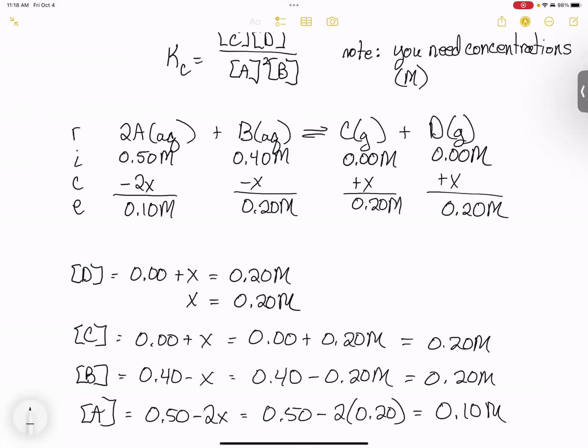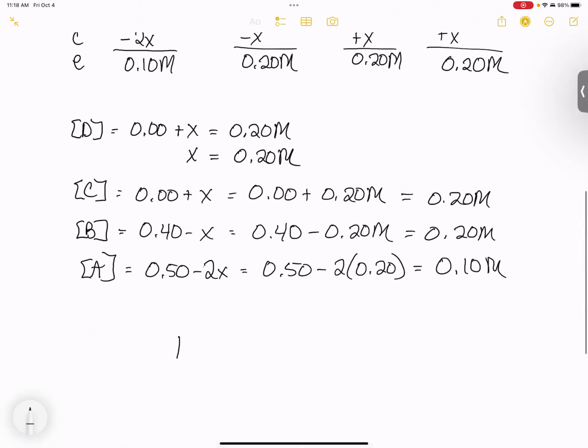Okay, so we have figured out our concentrations of A, B, and C at equilibrium, but we were also asked to figure out the equilibrium constant. And again, that's going to be the concentration of C times the concentration of D, all over the concentration of A squared times the concentration of B, this coming directly from the chemical equation.